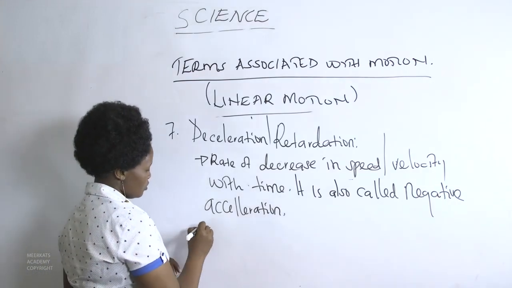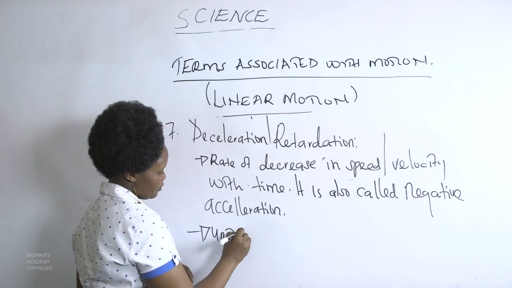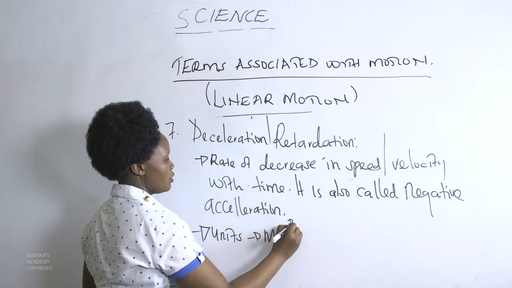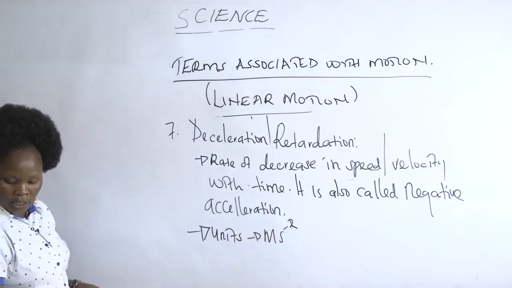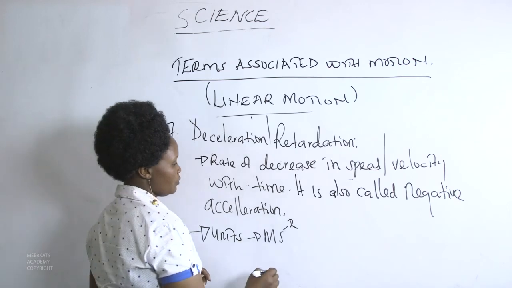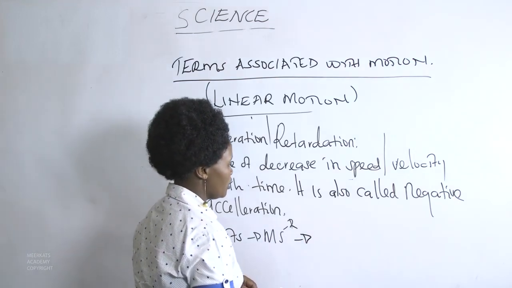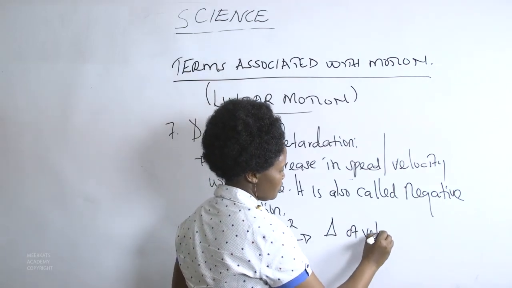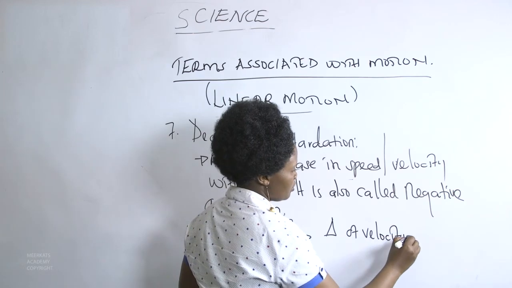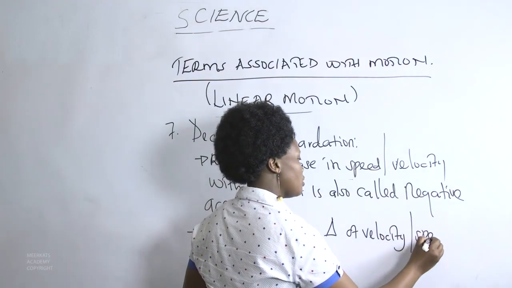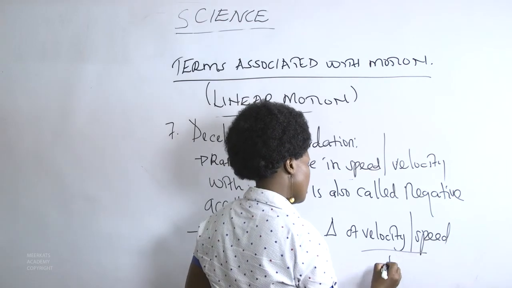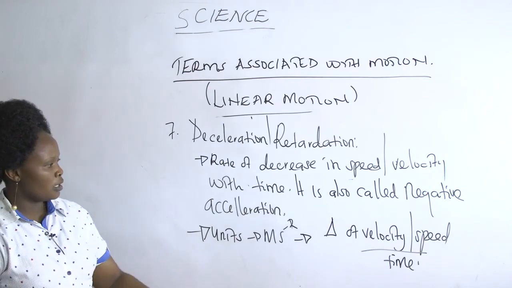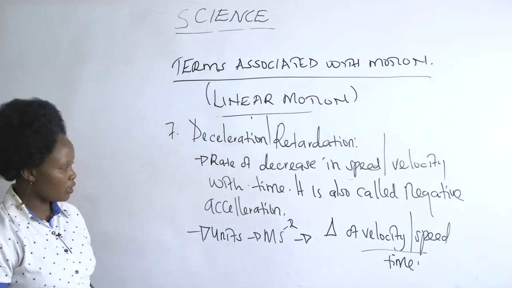It is also given by meters per second squared, and numerically it is given by change of velocity, or even speed, and that we divide by the time taken for the change to be realized.